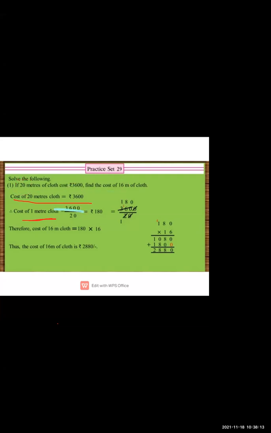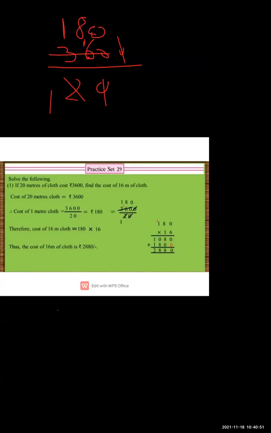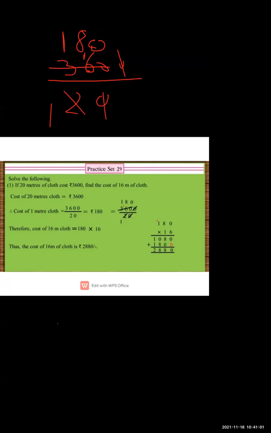We will divide the total cost of 20 meters by 20, that is 3,600 divided by 20. Why have we divided? Because we have to find the price of 1 meter of cloth. So we got the answer 180.